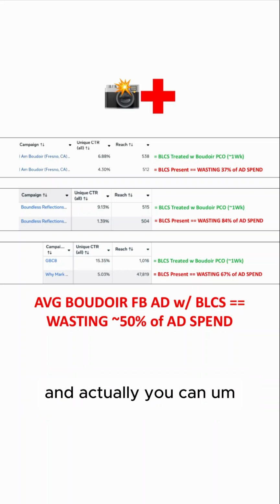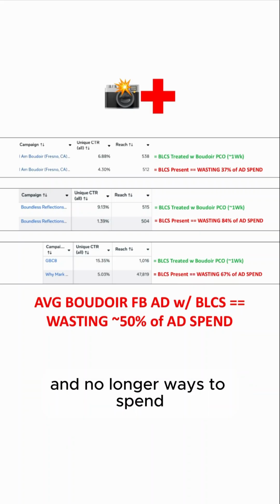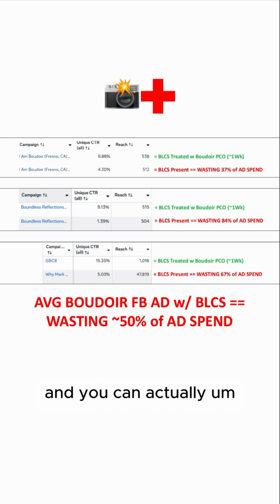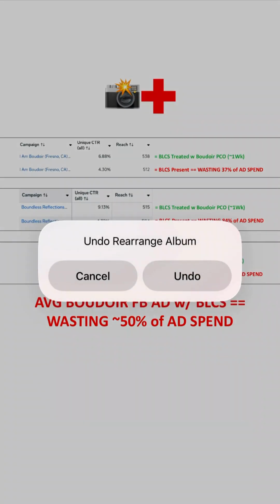And you can pocket that approximately 5K a month that's no longer wasted spend. That'd be like 60K over the next 12 months. So that's an outcome you want.